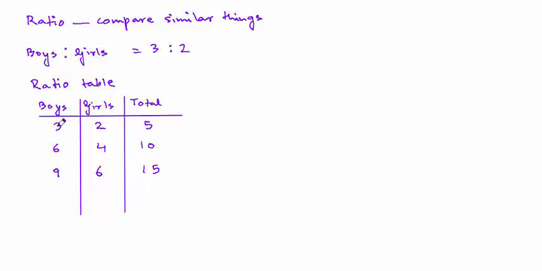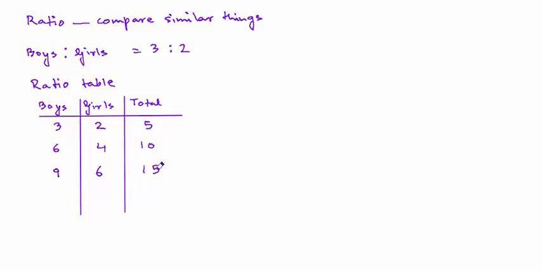If you take a look at the numbers in the first column, the boys column, they're all multiples of this number: 3, 6, 9, 12 and so on. Similarly, the girls column are all multiples of 2, the first number on that column: 2, 4, 6 and so on. And the total column has got multiples of 5, the first number on that column.